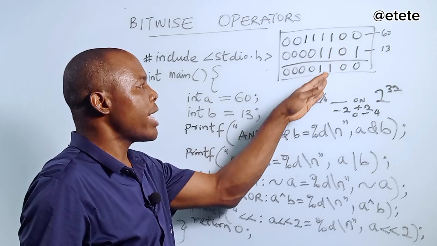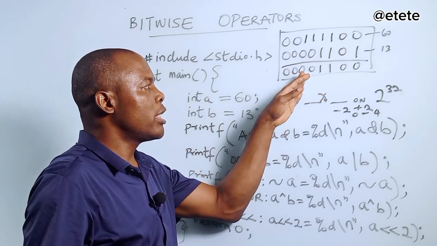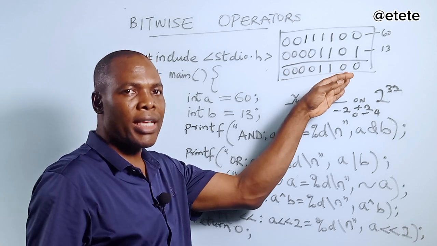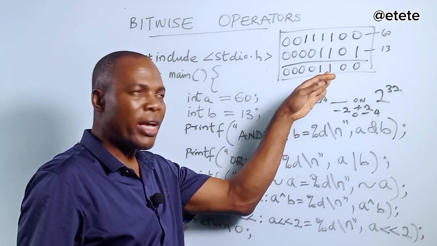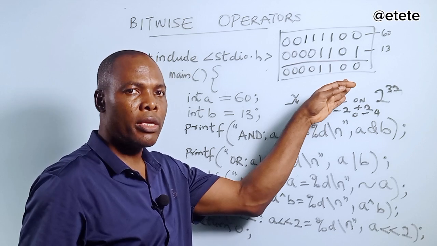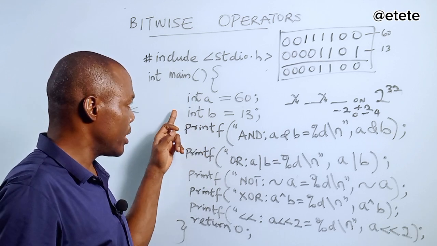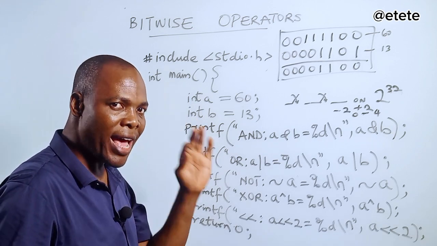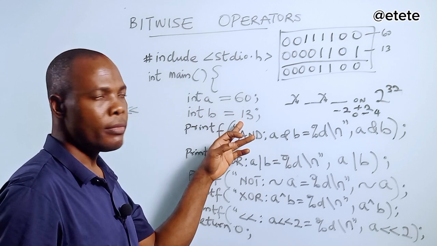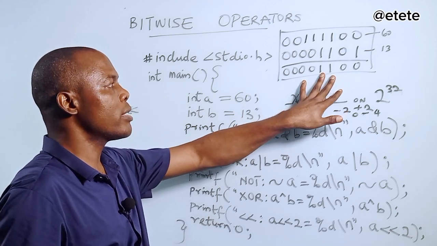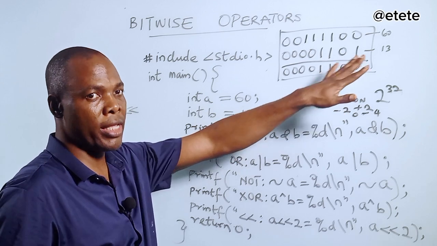Now, when you look at this, the CPU, this will not make any sense in the memory. So you can only get the meaning of this binary through the lens of the data type. So in this case now, it is a signed data type. So in interpreting this, we have to now convert this back to decimal.